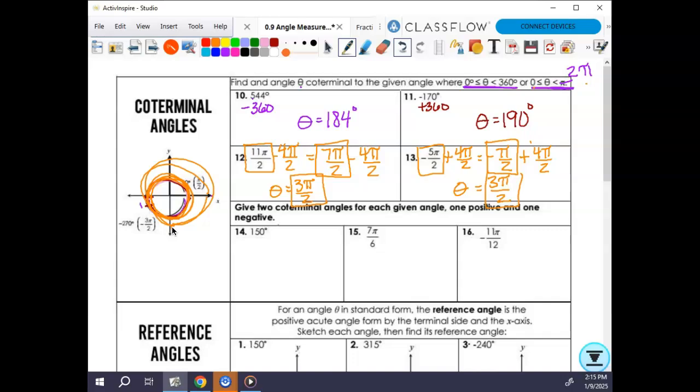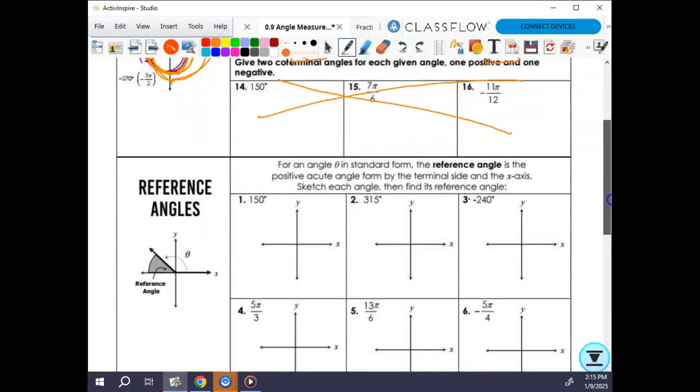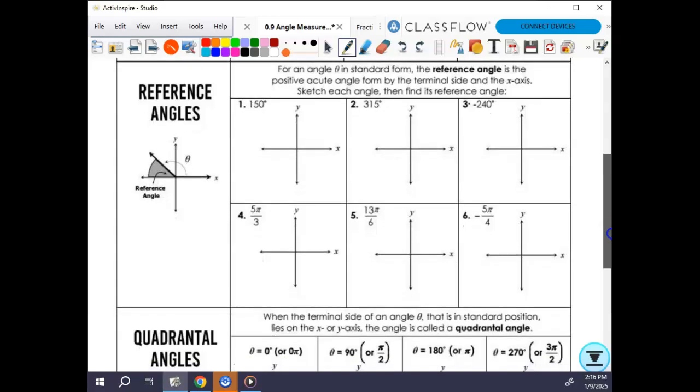All right. We are not doing 14 through 16 because we don't need to. But reference angles are huge for us. Once we understand what they are and how to find them, they make your life so much easier because there's so much stuff we have to know and be able to figure out.